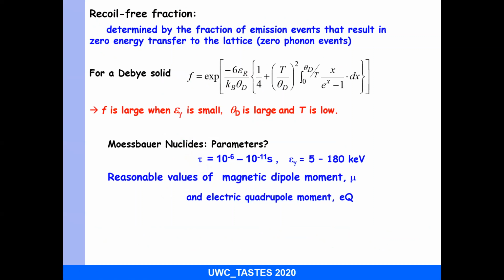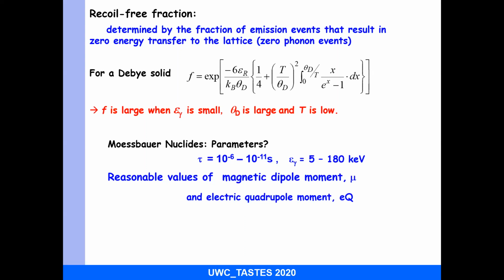The recoil-free fraction is determined by the fraction of emission events that result in zero energy transfer to the lattice, the so-called zero phonon events. And for a Debye solid, it's given by this equation.